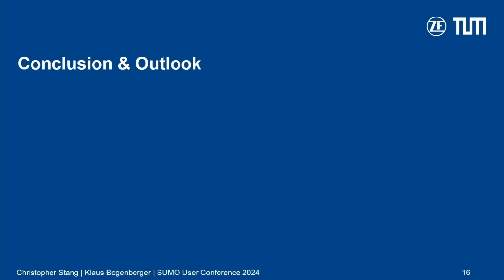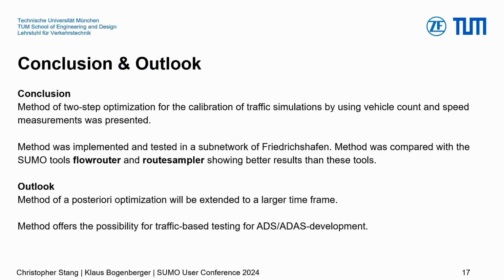Okay, this leads me to the conclusion and to the outlook, the last part of this presentation. What I wanted to show you was the two-step optimization process for the calibration of microscopic traffic simulation, consisting of the a priori and a posteriori optimization.